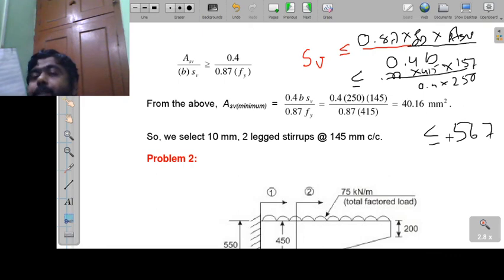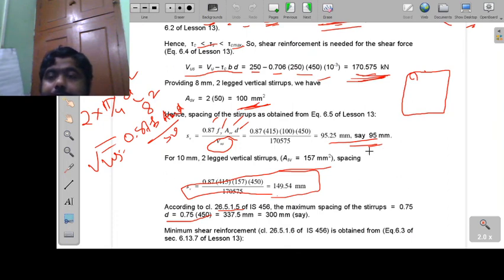See here, this value is coming 567. That means we have to provide a spacing which must be less than 567 whenever we are providing an area of 157. And what we are providing, we have calculated. If you see the last page, we have calculated how much is to be provided, 95.